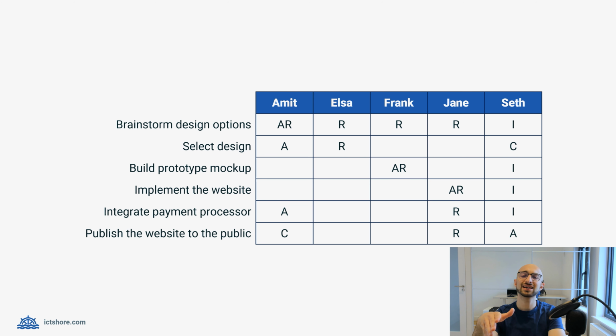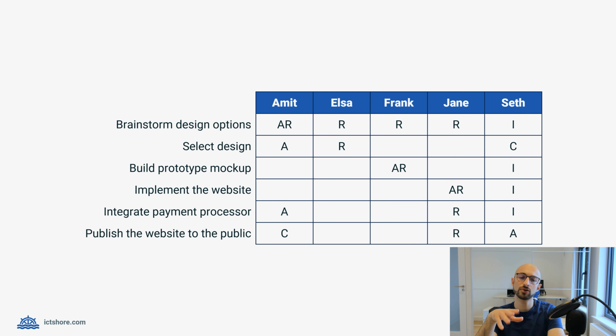So before we dive into the 10 alternatives, let's have a quick refresher of the traditional RACI matrix, which is just a table like the one you see here. You have a list of tasks row by row and a list of people involved or stakeholders in columns. And at each intersection of a task with a person, you're going to put the role that person has for that specific task.